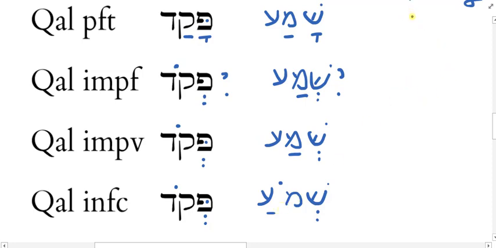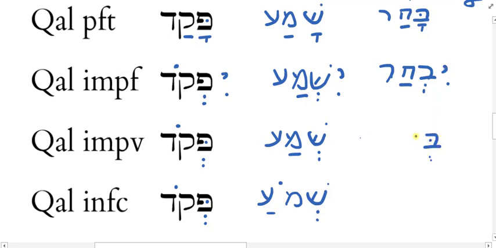And to fill out our chart, we have the verb to choose, bahar, in the qal perfect, the imperfect, yivchar. This one has a pathak here. Why? Because chet is a guttural. Gutturals prefer A-class vowels. So the imperative, to say choose what you want, what do I do? I chop off the prefix.